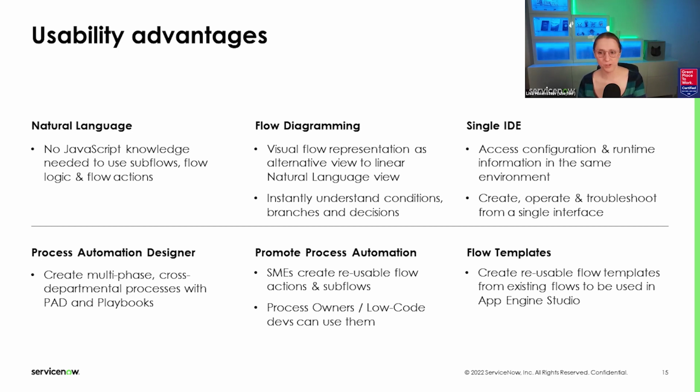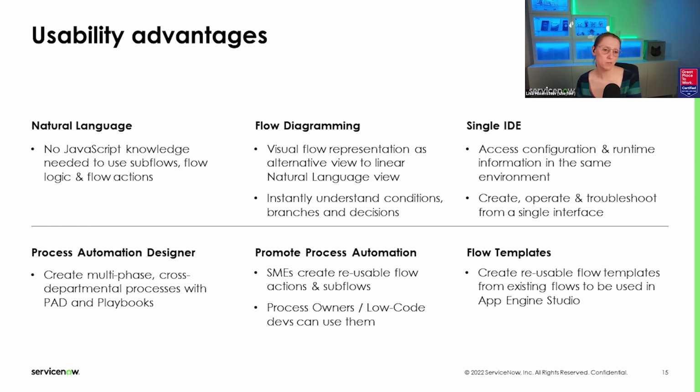And then shifting gears into accelerating and enabling citizen developers is the new option to save flows as template for repeated use in different contexts. So imagine creating a template for service catalog fulfillment, for example, that can be applied and adjusted again and again to meet any catalog requirement.